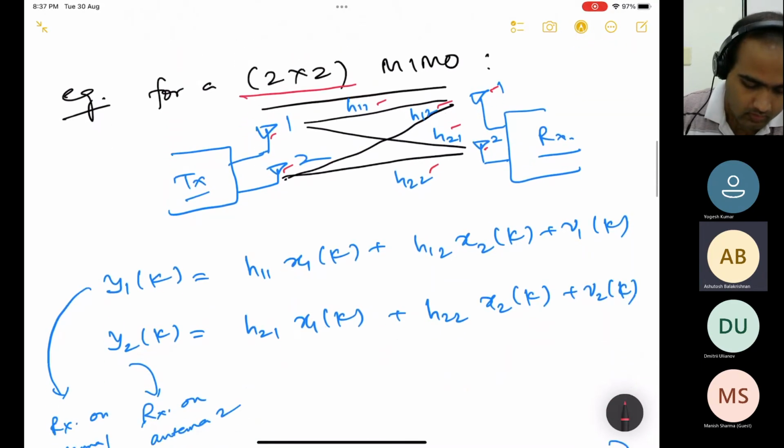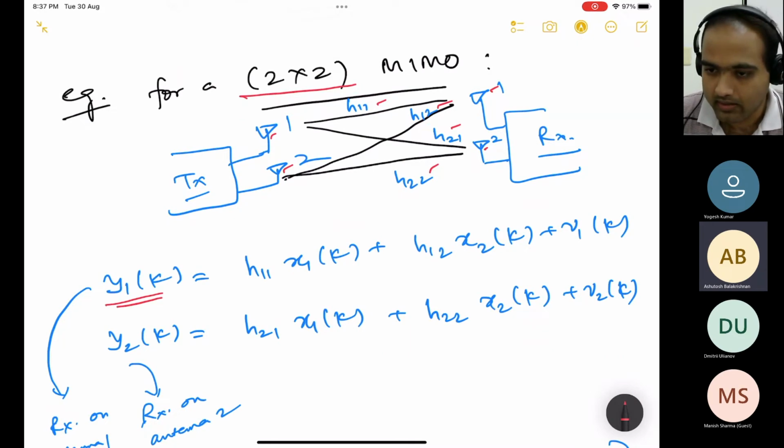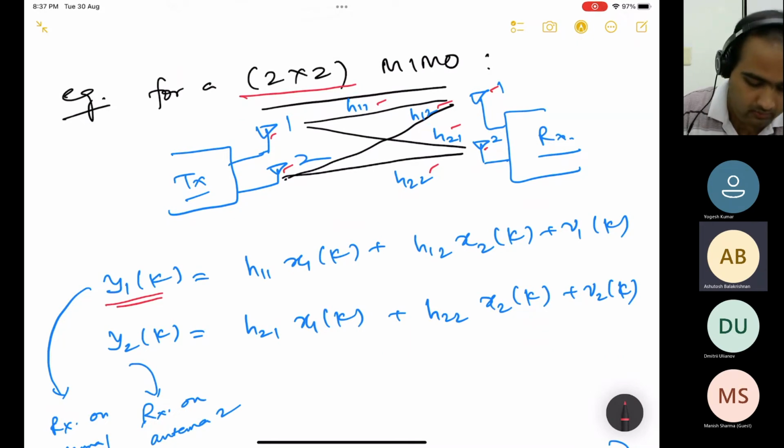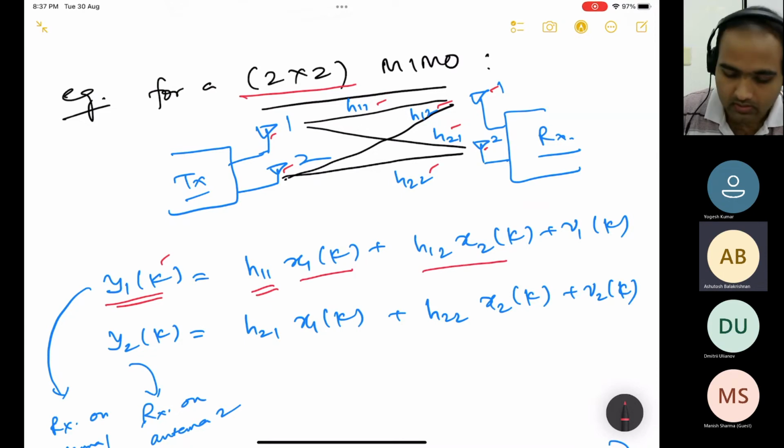What will be the signal received at antenna 1 of the receiver at some time k? We can denote that as H11 times x1[k] plus H12 times x2[k] plus v1[k], which is the AWGN at antenna 1 of the receiver. Similarly, y2[k] will be H21 times x1[k] and so on.